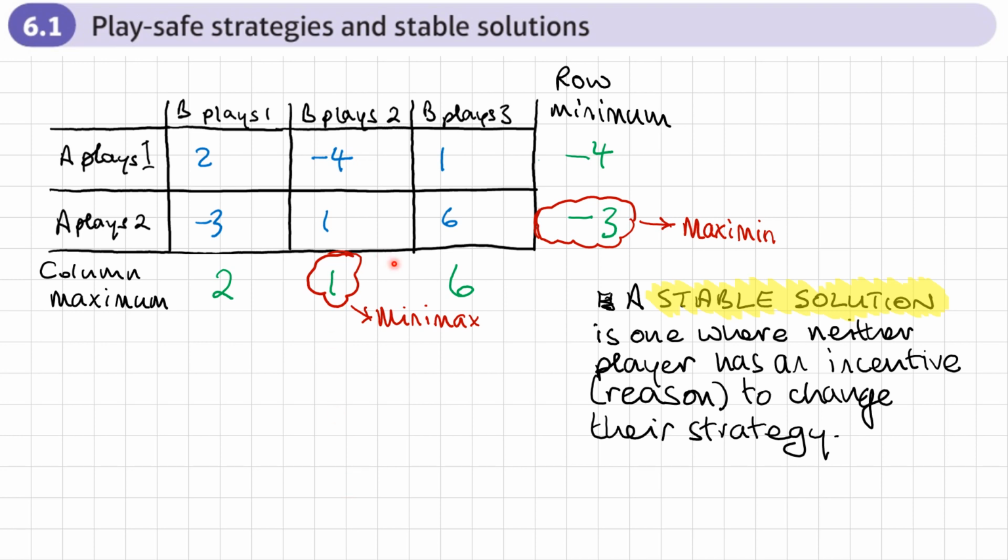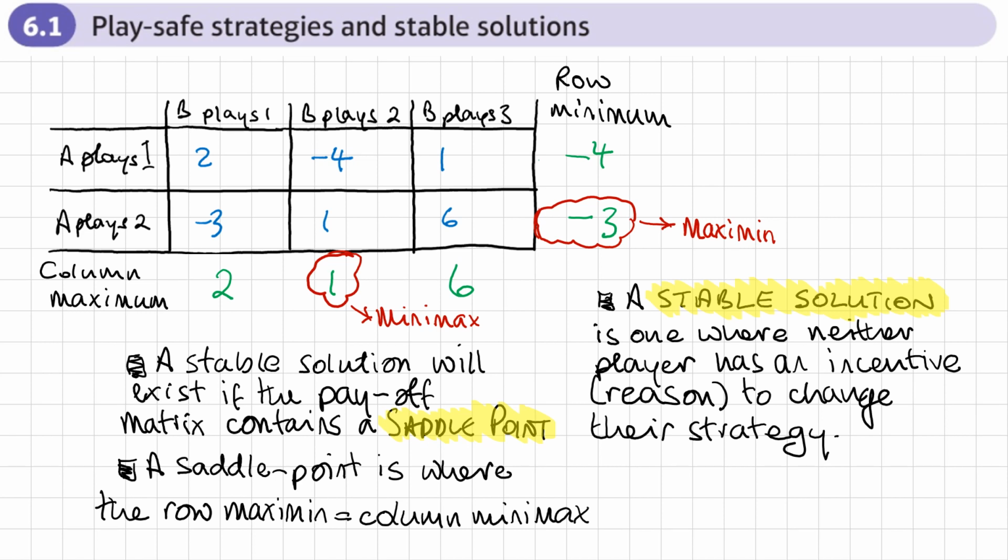Now, if neither player has a reason to change, it's not going to benefit them. This is what we call a stable solution. And this is one where neither player, player A or B, has an incentive or reason to change their strategy. Now, we can tell if a payoff matrix will have a stable solution because there'll be a stable solution if the payoff matrix contains something called a saddle point.